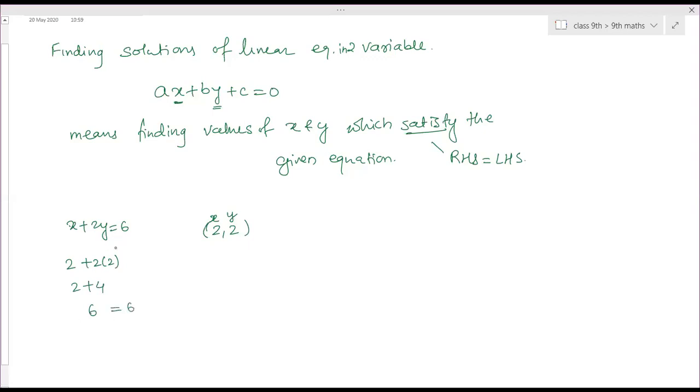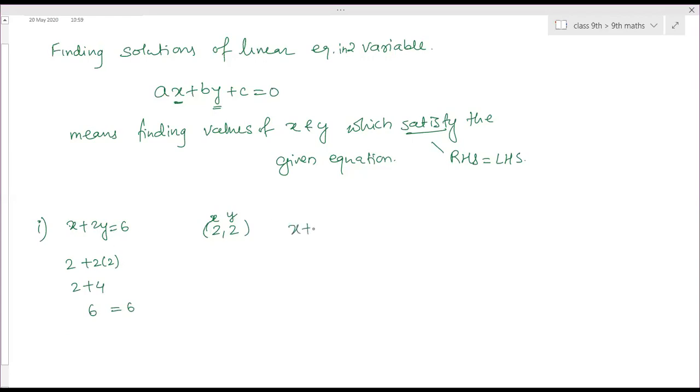We are checking after substituting which values of x and y this equation is satisfied. If I substitute x and y as 2 and 2, this equation gets satisfied.